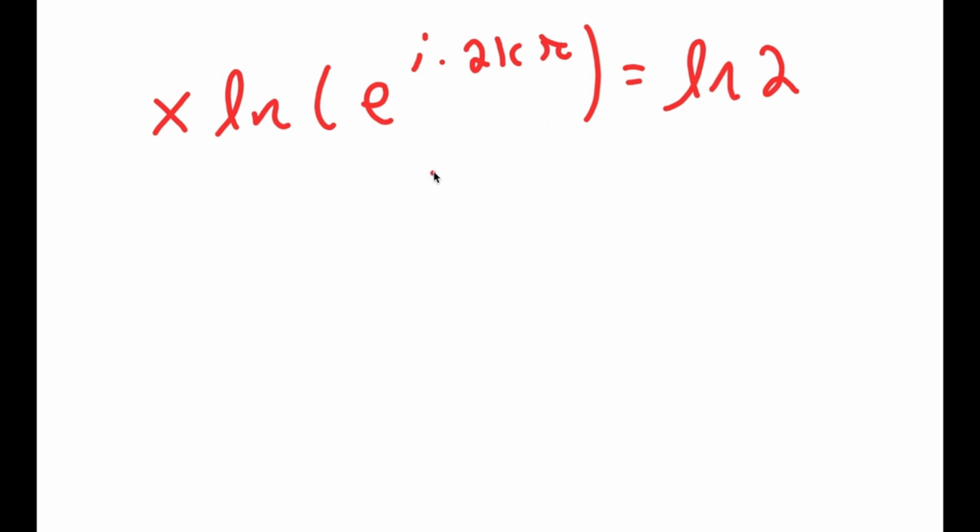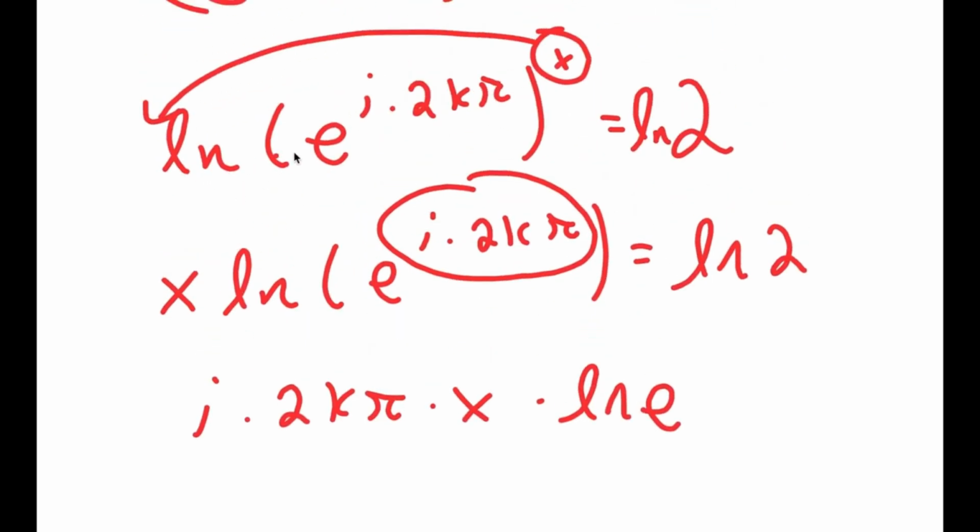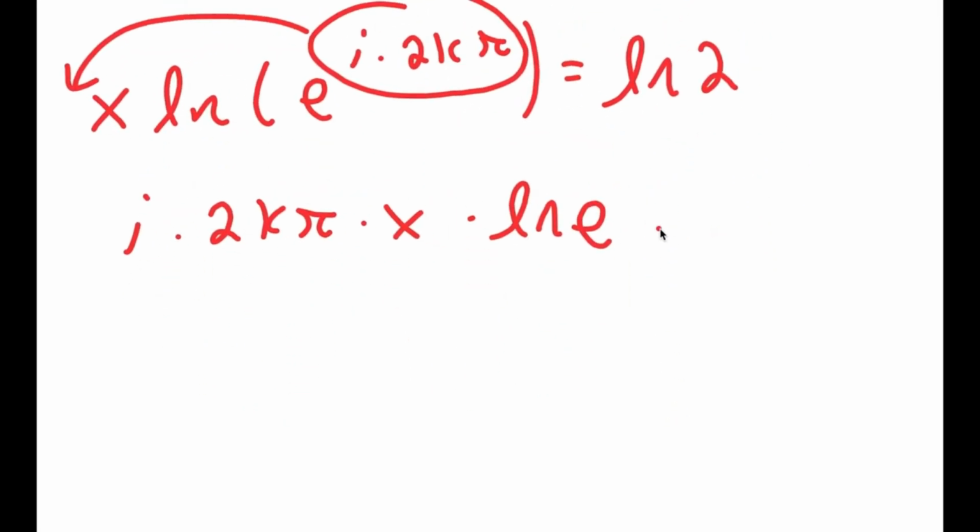Now from here, this is the same thing as i times 2k pi times x times ln e, because I can again use the natural logarithm formula and bring this to the front. And this is equal to ln of 2.